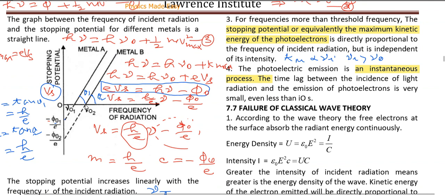And this is the minimum cutoff frequency for metal B, and the stopping potential for this is 0. It means that if radiation is incident with a frequency lesser than the threshold frequency, then no photoelectric emission takes place. This is reflected by the 0 value of the stopping potential in this graph.